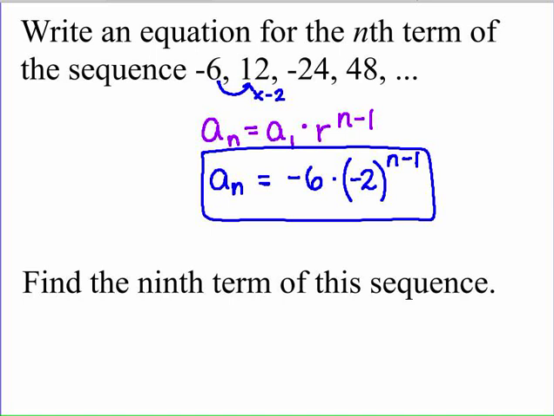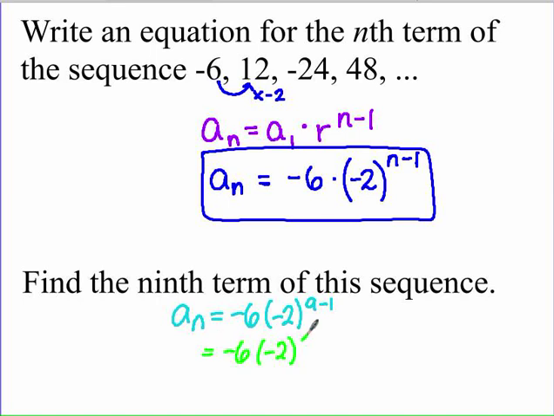Now this next question says find the 9th term of this sequence. So I'm going to take 9 and plug it into the formula for n. I'm going to write the formula again. What is 9 minus 1? 8.